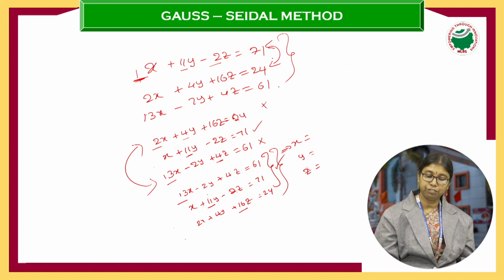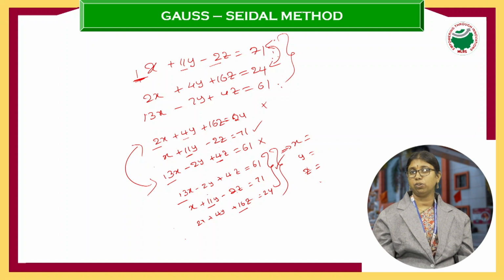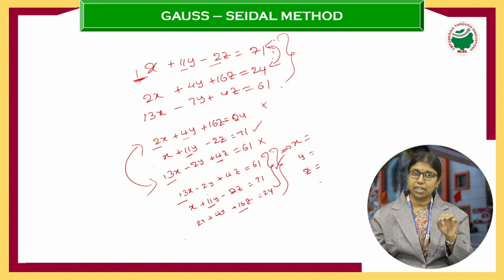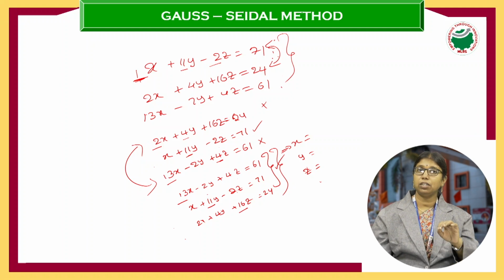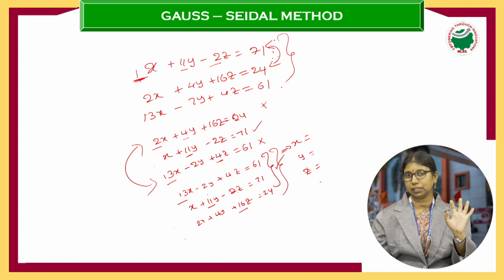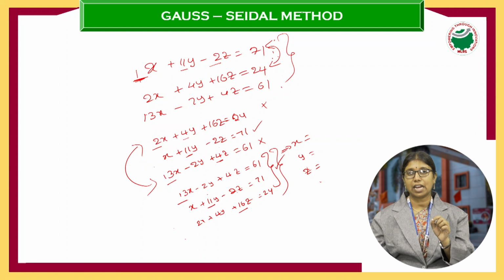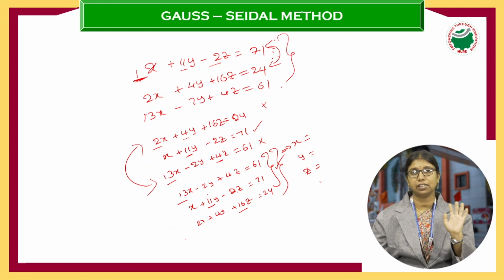If you separate the variables before this step, you won't get the solution. So remember that. If the equations are diagonally dominant, then only you apply the Gauss-Seidel method. Otherwise, you rearrange the equations until they satisfy the diagonally dominant condition.